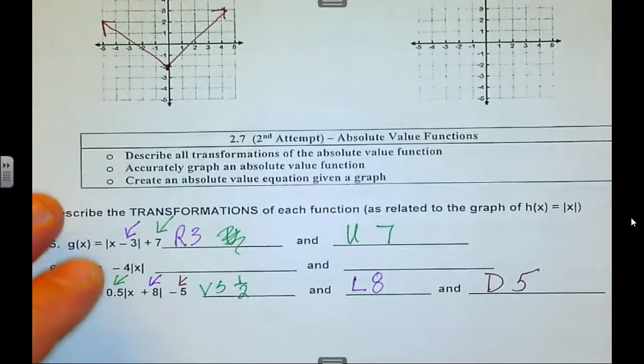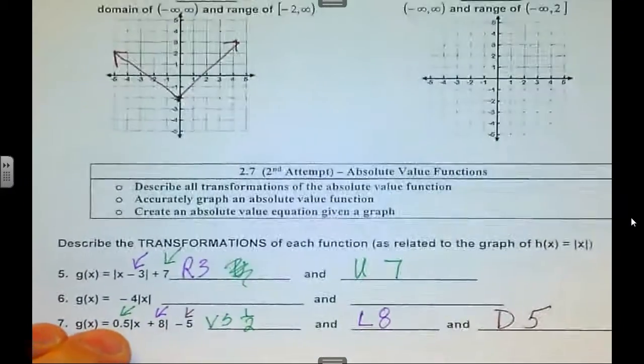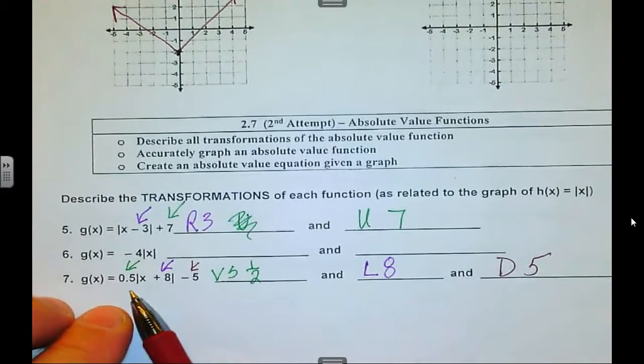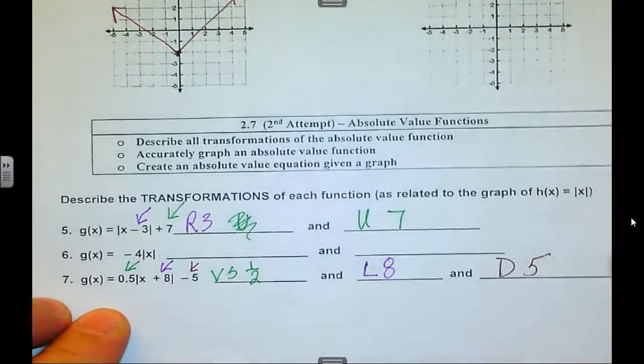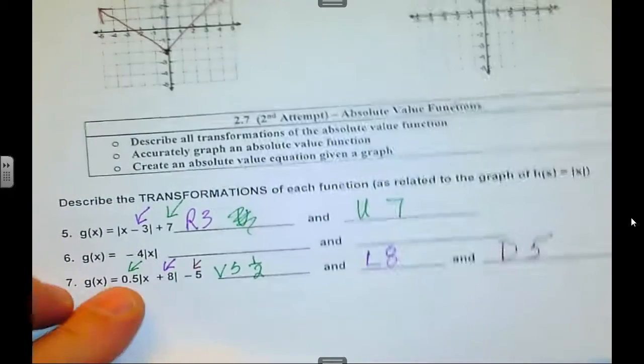You guys should get 100% on this quiz tomorrow, right? It's the slope, the number before the absolute value. Vertical stretch of 1/2. What does a minus sign do?